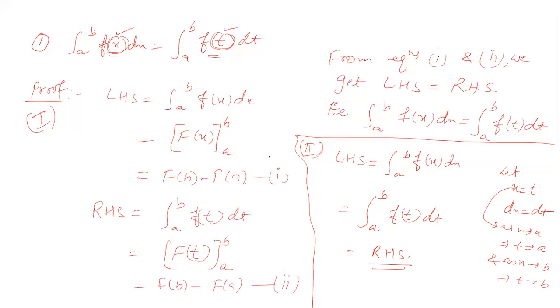Let's take an example. For example, we have integral from 1 to 4 of x dx. Find out its value. Antiderivative of x would be x square upon 2, and the limit is 4 to 1.